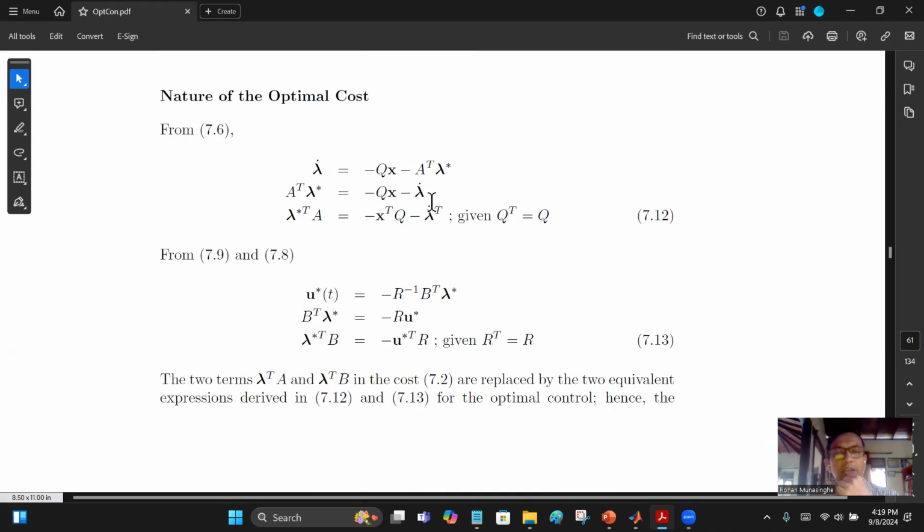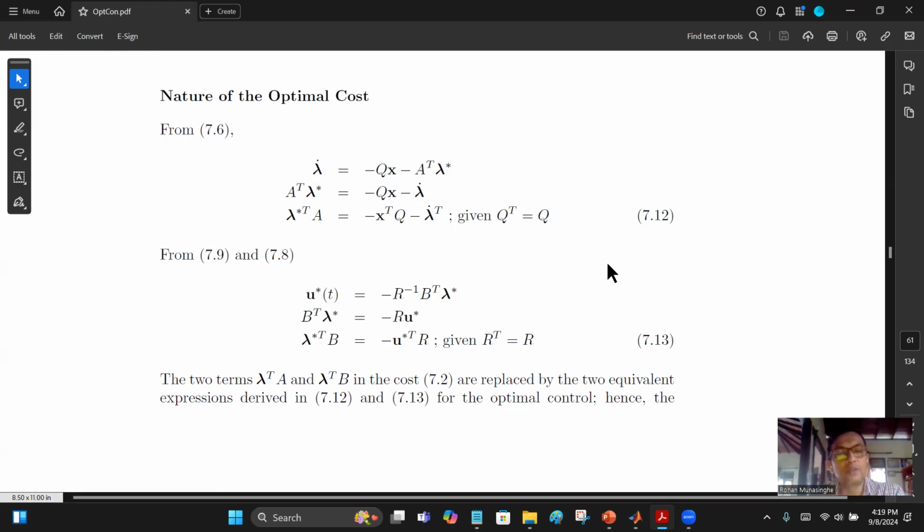Then you can rearrange it with A transpose lambda star on the left hand side. And then you know that Q is a symmetric matrix, so Q transpose is equal to Q. So you can write it like that. Let's say 7.12.